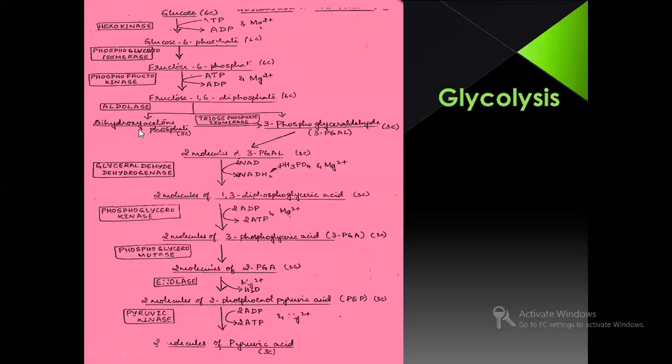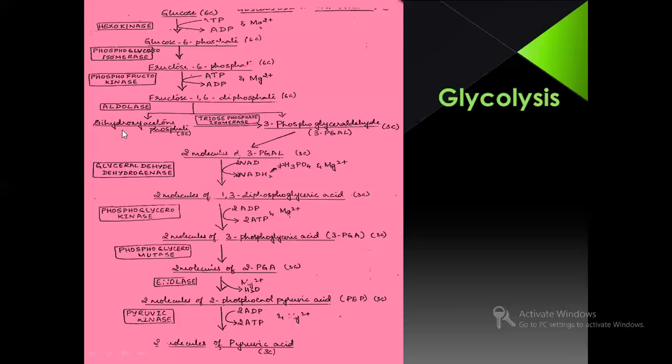So now this DHAP contains 3 carbon atoms, because the fructose 1,6-diphosphate containing 6 carbon atoms is cleaved into two molecules each containing 3 carbon atoms.